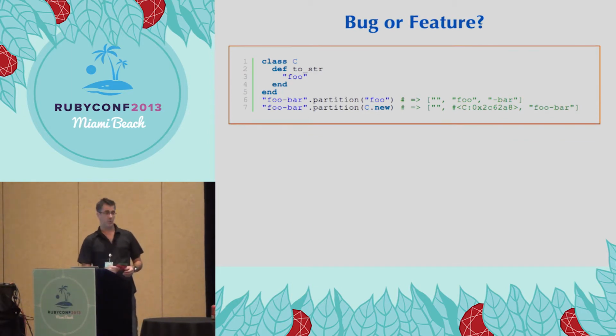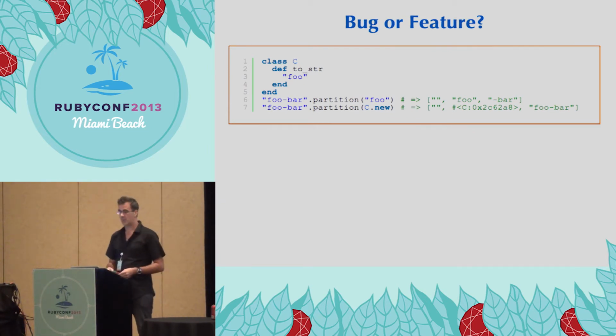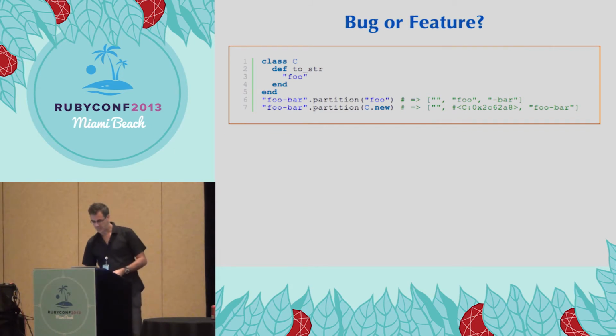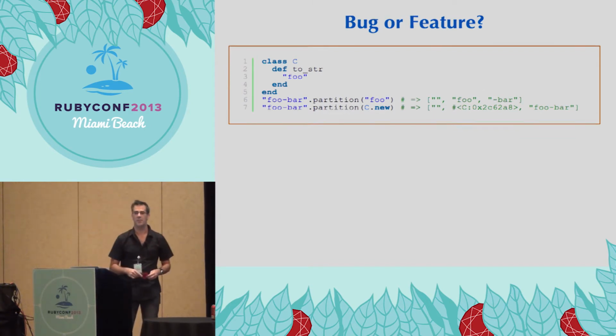This is an example where we're not passing a string to partition, we're passing an object that has a method toStr. And if we do that, we actually get different results. Is this a bug or is this a feature? Raise your hand whichever you think, feature or bug.